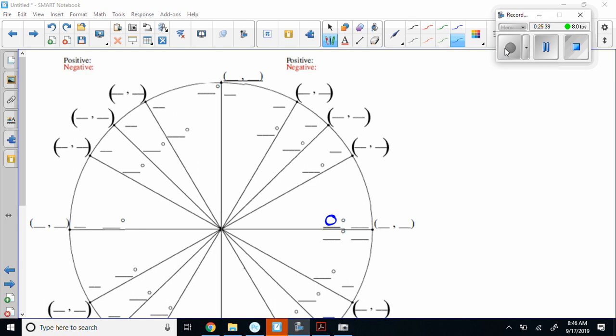So, let's look at this. If I told you that this was 45 degrees, what do you think the one below it and the one above it would be? Well, up here would be what? 90, right? 30 and 60. Why?